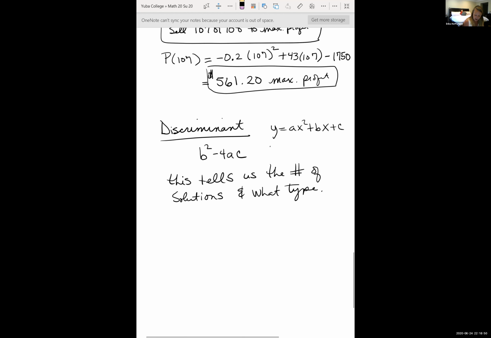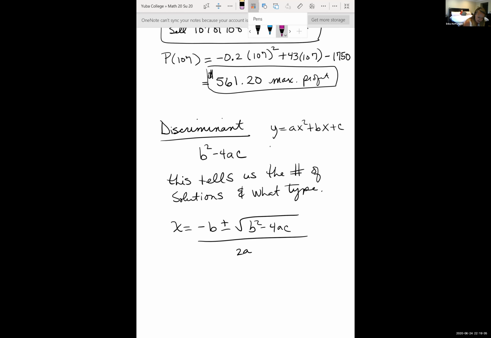Recall, if you looked at the quadratic formula, this was negative b plus or minus the square root of b squared minus 4ac all over 2a. And so notice that that discriminant, b squared minus 4ac, is the radicand. It's what's underneath the radical. And depending on, is that number positive, is it a negative number, or is it 0?